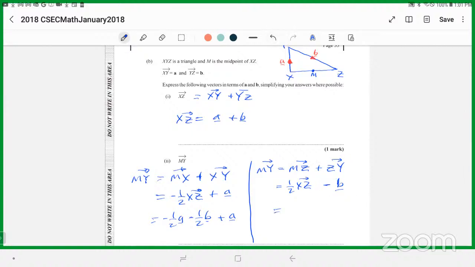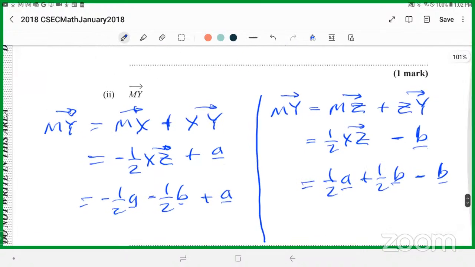Let's put in the values now. So the half of the XZ is half of these values. I'm going to write half A and half B. And I'm subtracting back this B, minus a whole B. Carefully now.